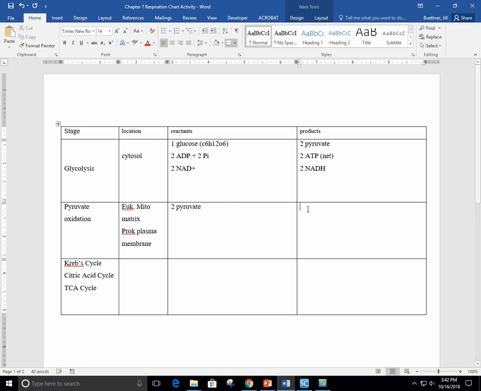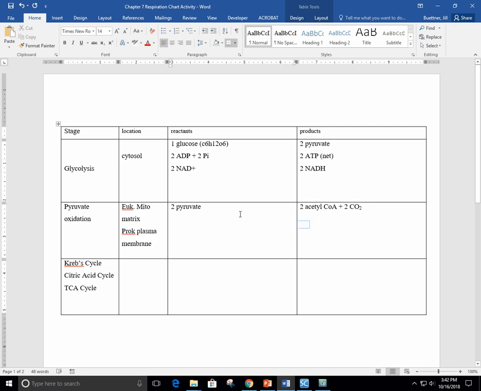And by the end of pyruvate oxidation, those 2 pyruvates are 2 acetyl-CoAs, and remember, acetyl-CoA is just a 2-carbon molecule, so we have to account for the missing carbons, and they have been released as CO2. So that accounts for all your carbon compounds in any case.